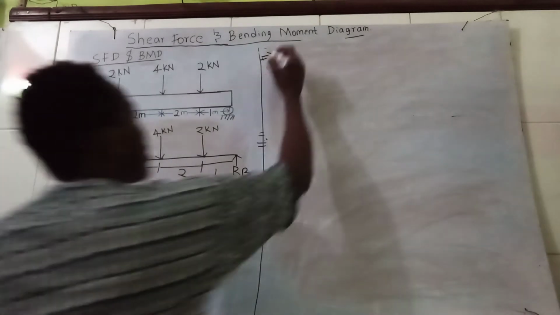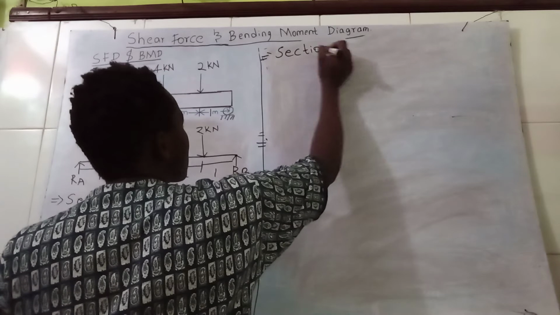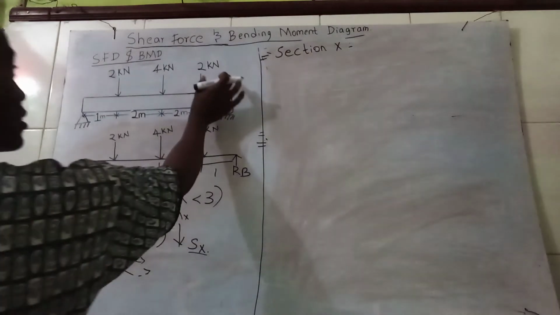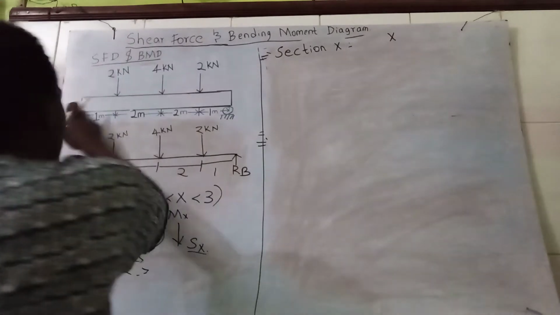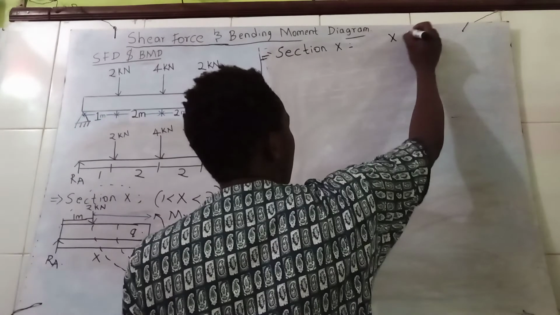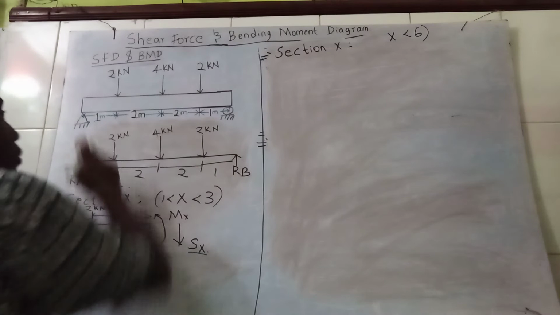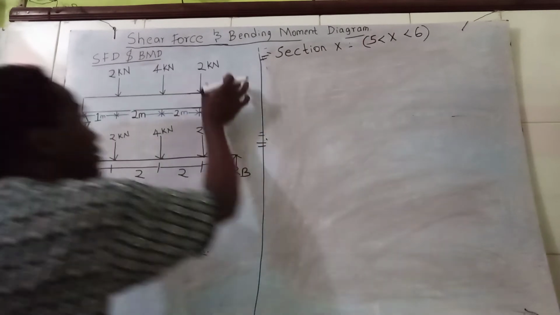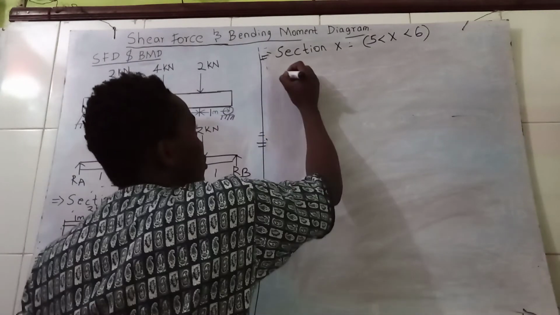So a section X, whereby this is our last section, x is less than the whole distance 6 but is greater than 2 plus 2 plus 1, that is 5. Greater than 5, that section. So drawing it, you're going to draw the whole of it.